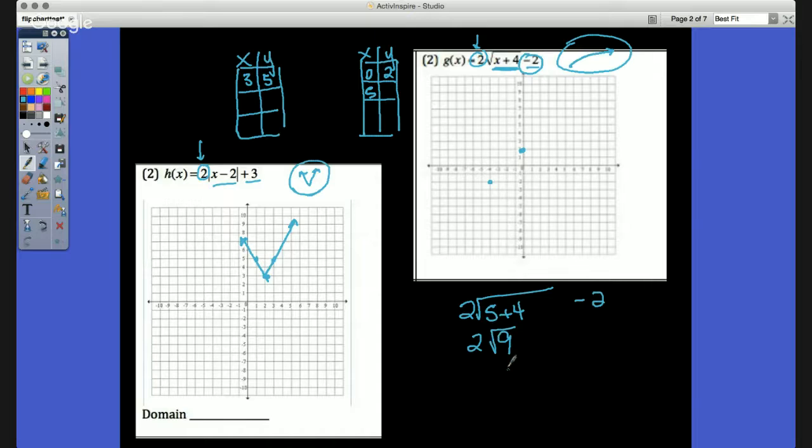Don't distribute yet, because we know this would be 3. 2 times 3 is 6. 6 minus 2 being 4 there. And so because of that, I can go 5 to the right, and I can go upward to 4. Let's make sure we've got that there. So our graph should look something like that right there. It may not be completely accurate on this side, but that's pretty close for what we are looking for.